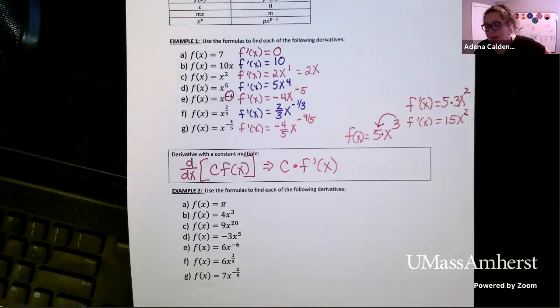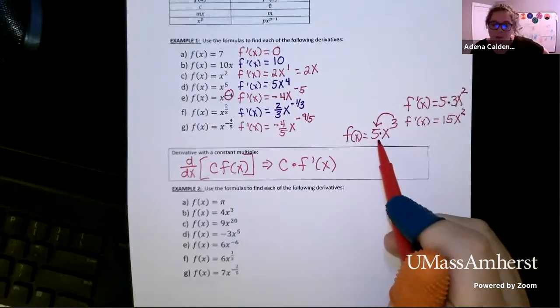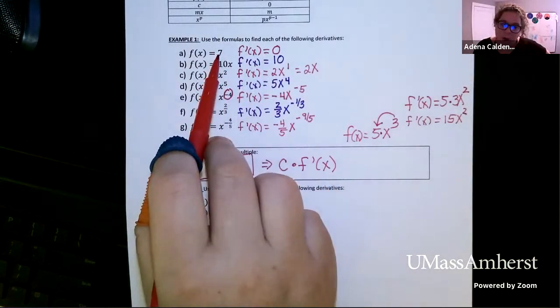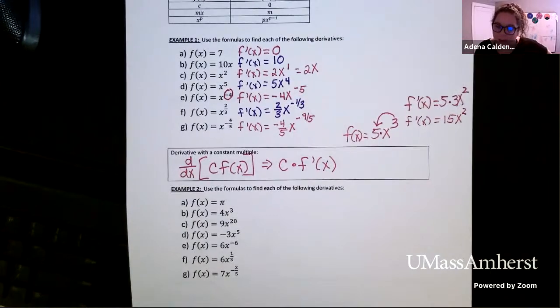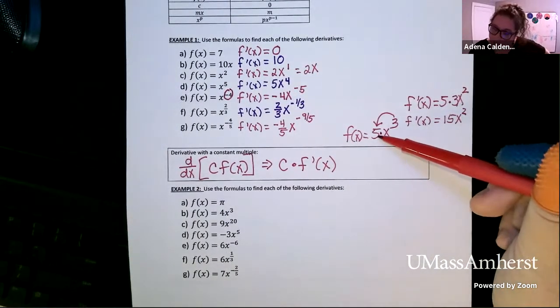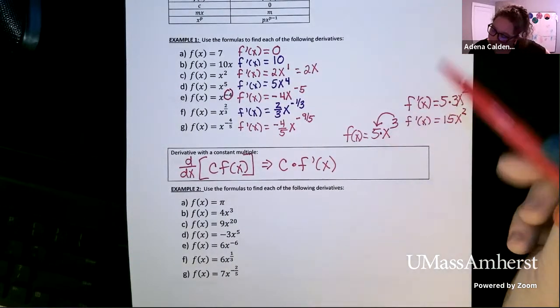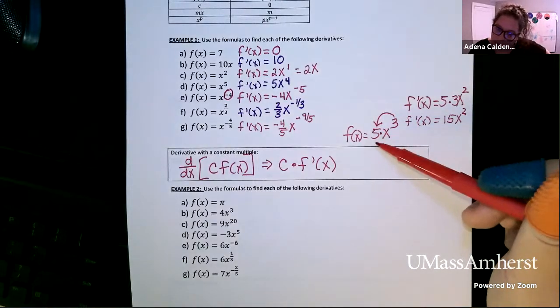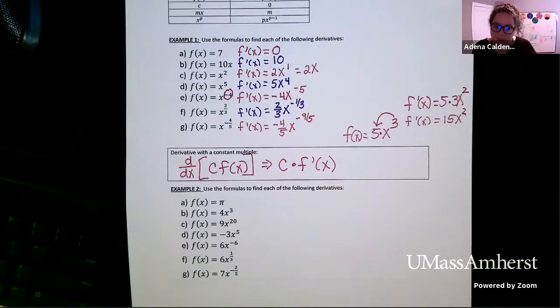But what's important is that if there's a constant in front, that doesn't make the derivative 0. The only time it's 0 is if the constant is entirely by itself. So again, if the constant's in front and it multiplies the function, when the power comes down, it multiplies that constant, and then we subtract 1 from the power.